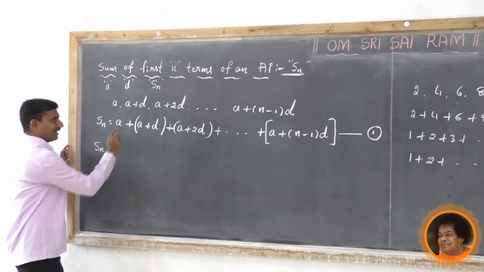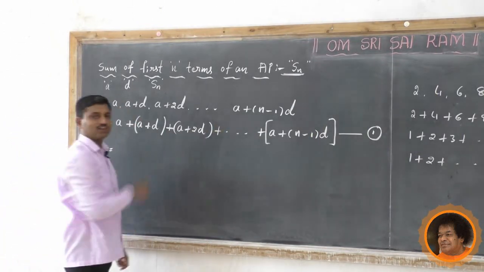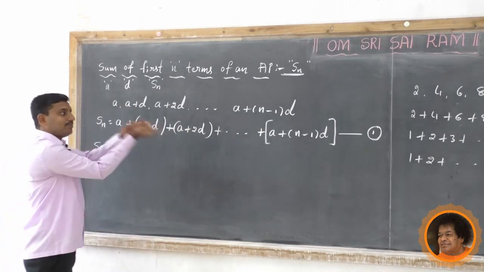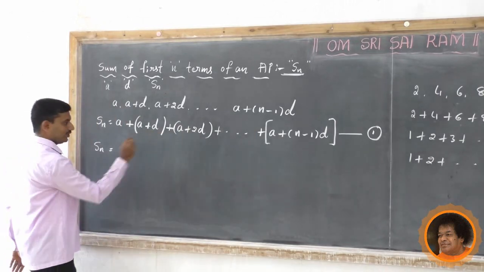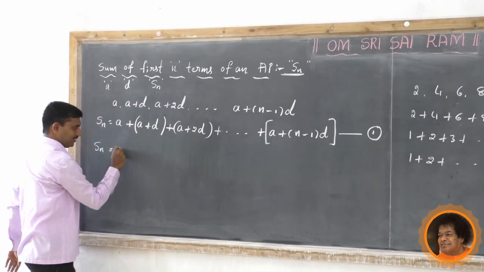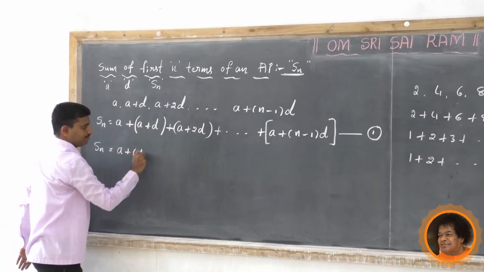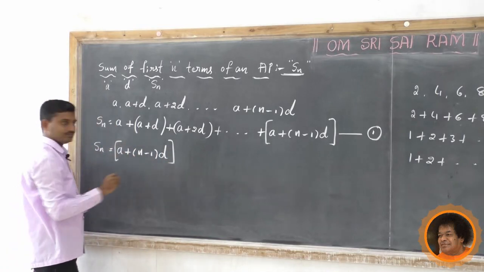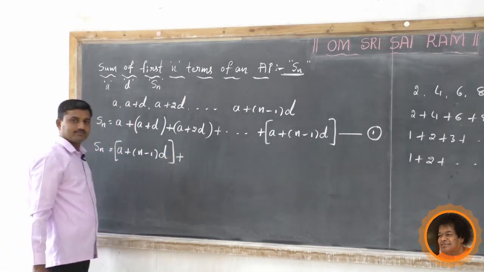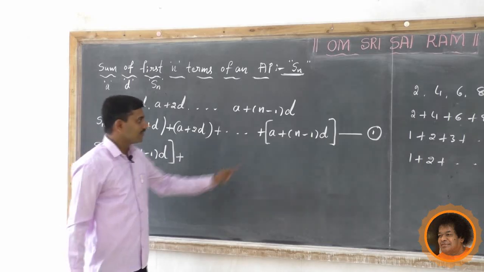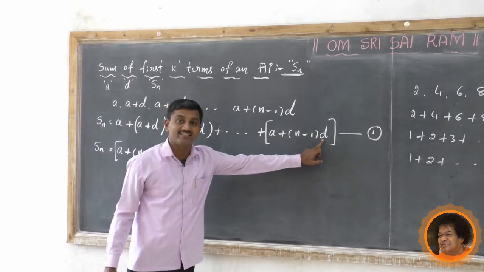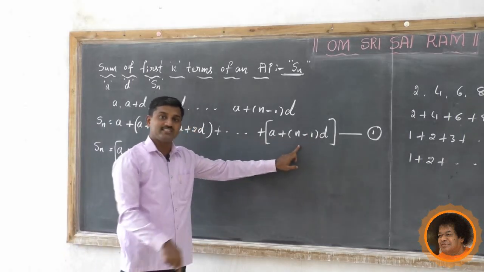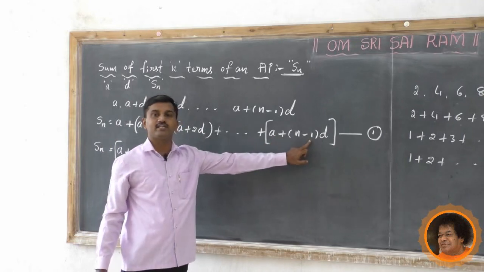Next, Sn equal to, write this AP in the reverse order. The last term becomes the first term. So Sn equals the last term, a plus n minus 1 into d, plus, I'll ask one question: what is the preceding term of a plus n minus 1 into d?